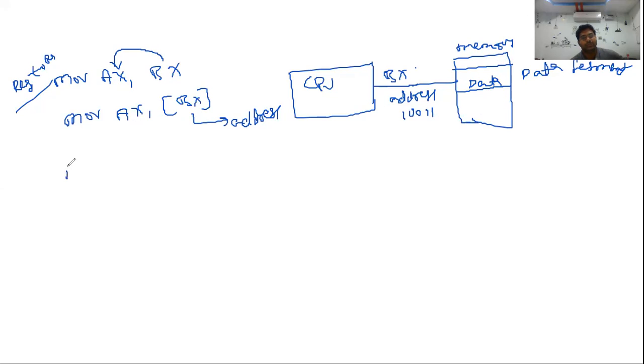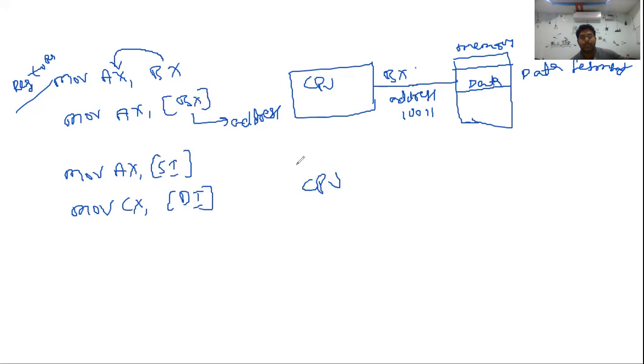Then what is the third one? MOV AX, SI, or MOV CX, destination index. So this will also be the CPU. Take this example.